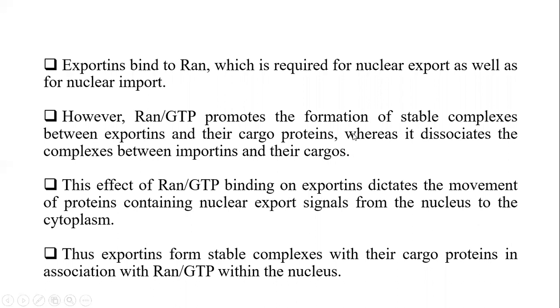This effect of RAN GTP binding on exportins dictates the movement of proteins containing nuclear export signals from the nucleus to the cytoplasm. So exportins form a stable complex with the cargo proteins in association with GTP within the nucleus.